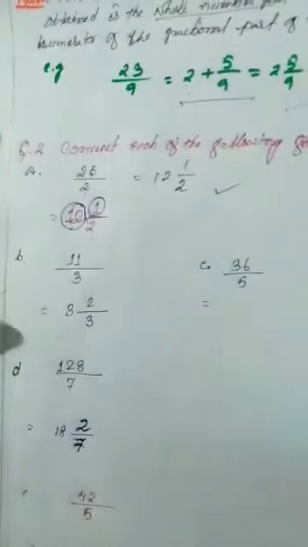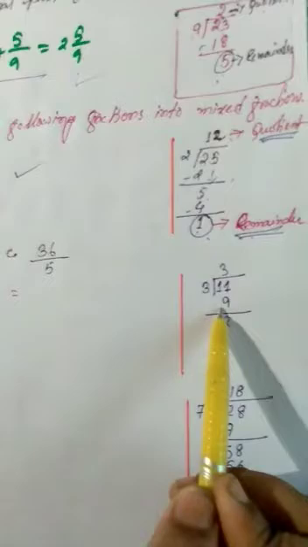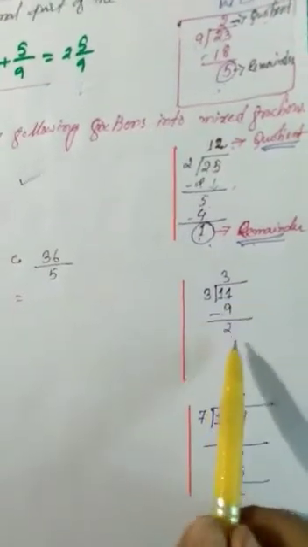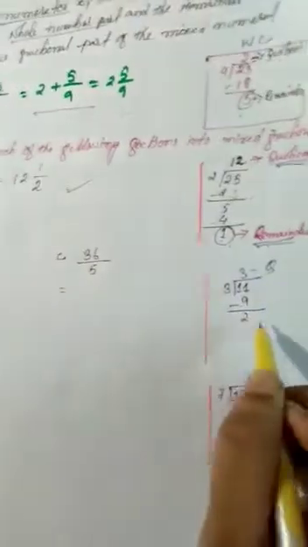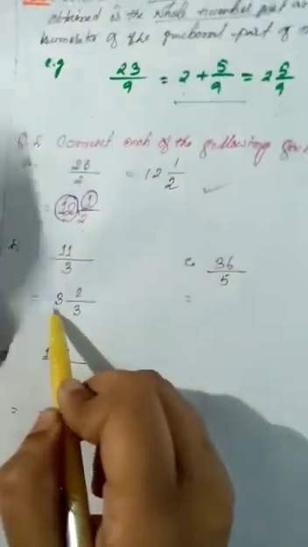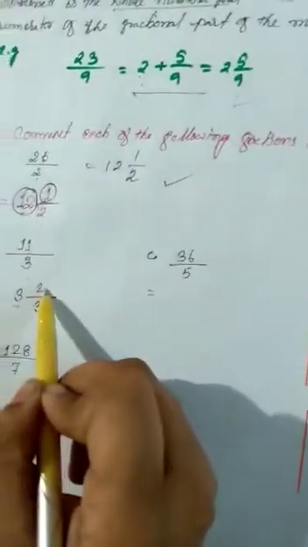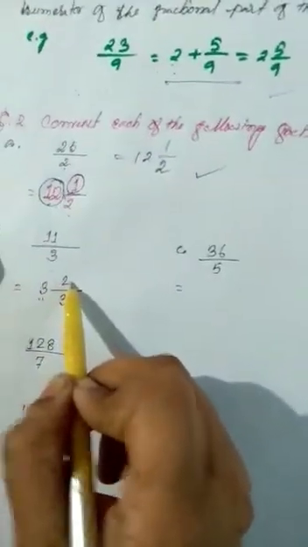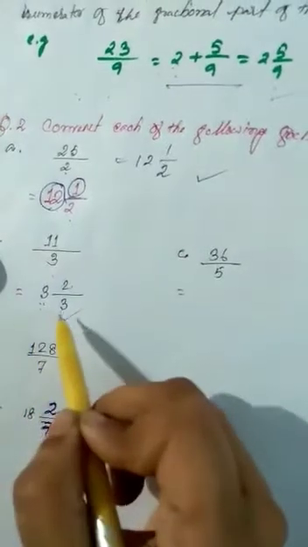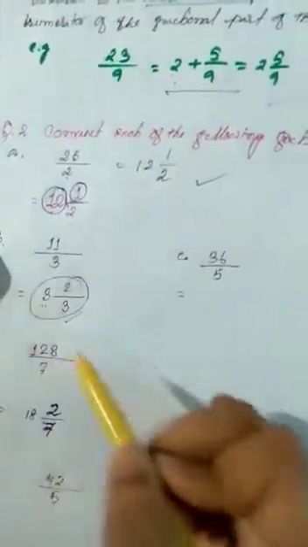How can we do it? 3 threes are 9, and after subtraction 11 minus 9 is 2. This 3 is the quotient and 2 is the remainder. So the quotient 3 will be the whole part, the remainder 2 will be the numerator, and the denominator 3 will be the same, so 3 2 by 3. Okay, this is the way we have to arrange it.